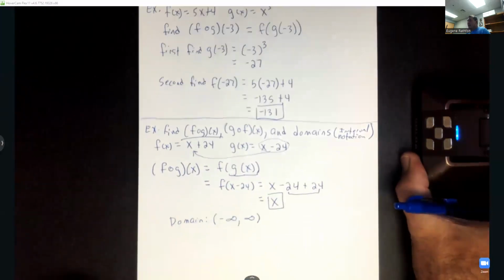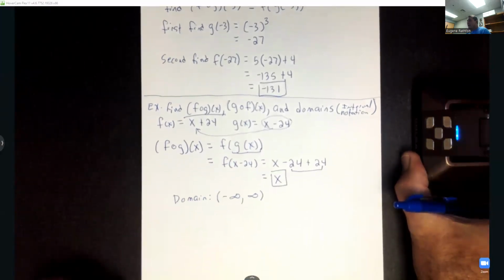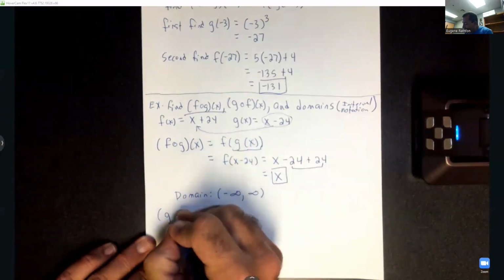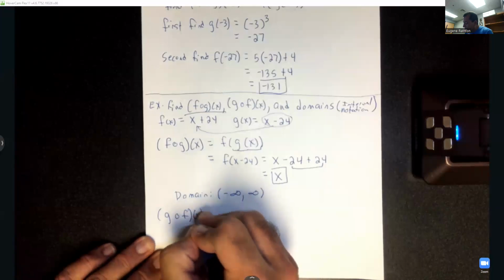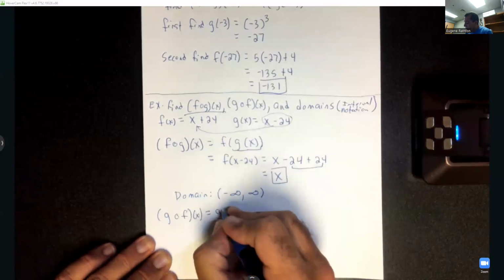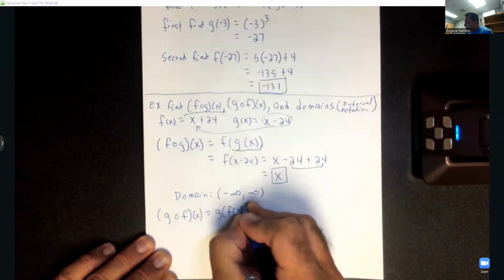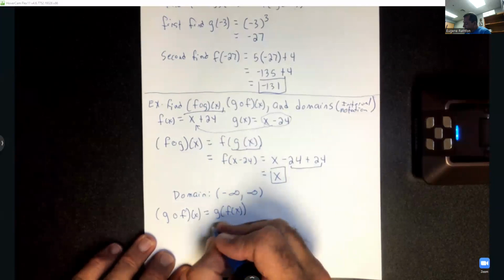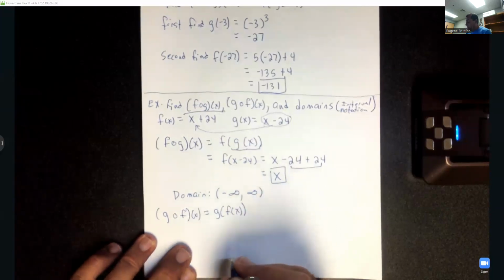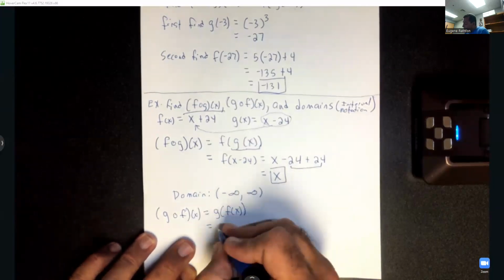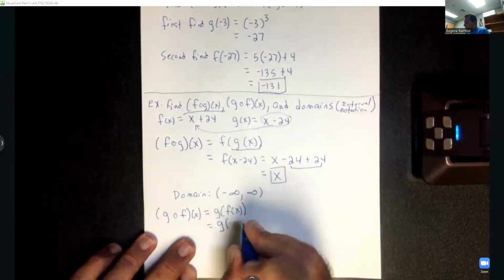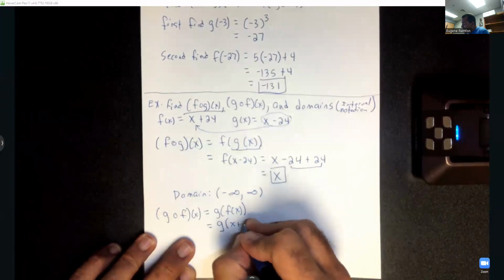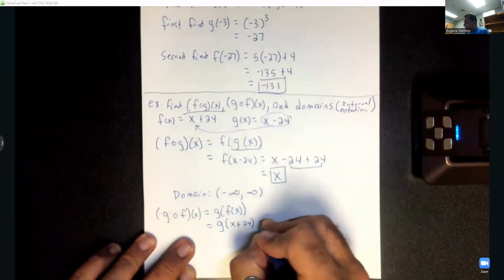All right, so we'll have to move this down a little bit to see this next one. We just found f of g, so now let's find g of f of x. Remember, that will now be like finding g of my f equation, which is x plus 24.